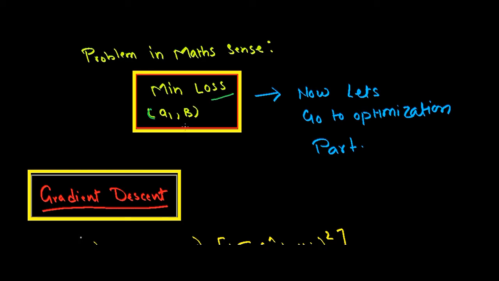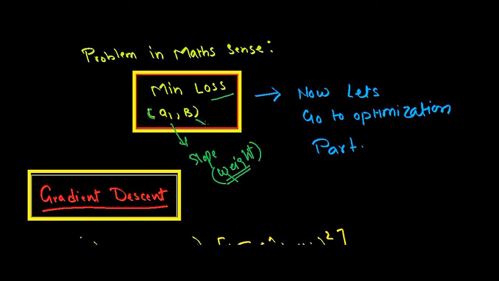We want to minimize the loss function by changing the values of a1 and b, that is, our slope, or should I say weight, because now we are learning machine learning, so we should be more familiar with these keywords.